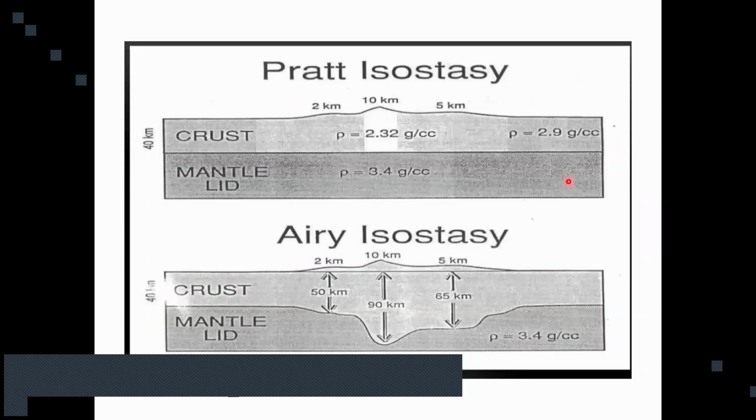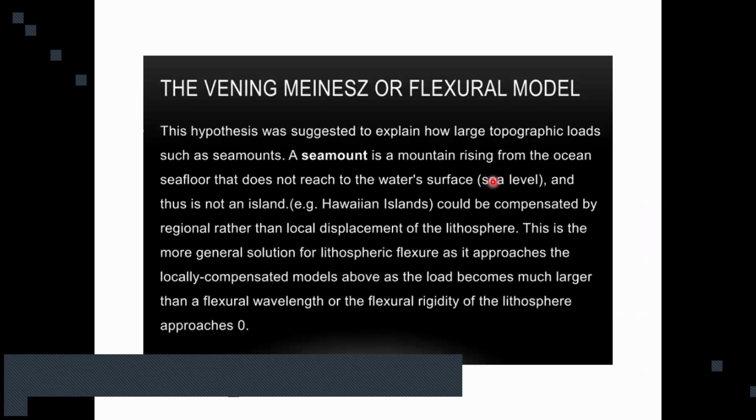So again, this is another way to illustrate Pratt and Airy isostasy. For the flexural model, this hypothesis was suggested to explain how large topographic features such as seamounts are supported. Seamount is a short version of sea mountain.